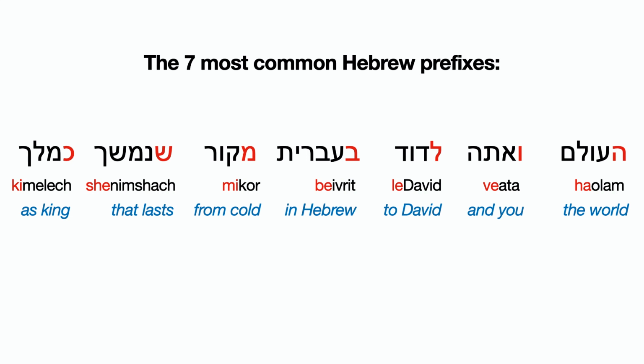So for those who have watched the videos in the series, I hope you still remember ha, ve, le, be, mi, she, and of course we just saw ki, ke, and ka.